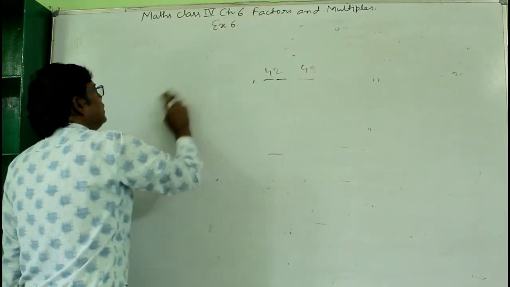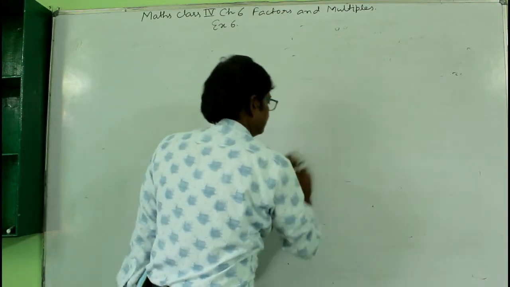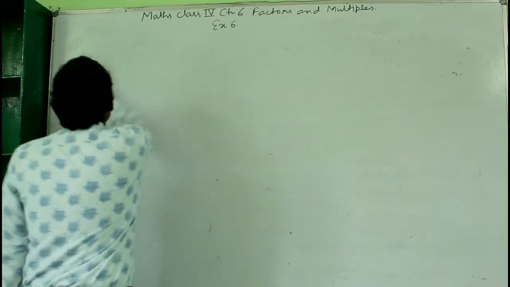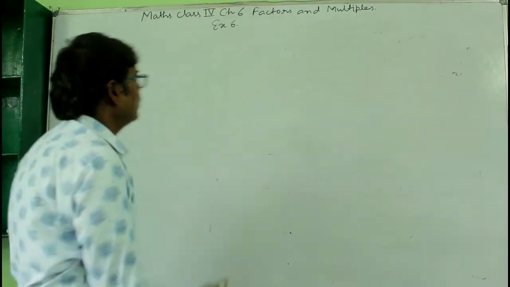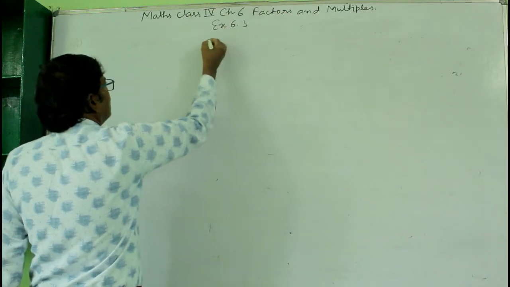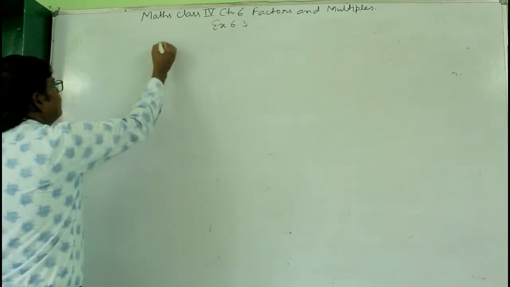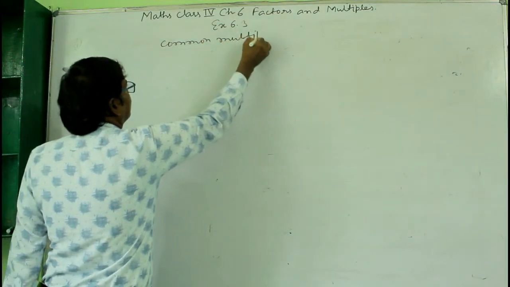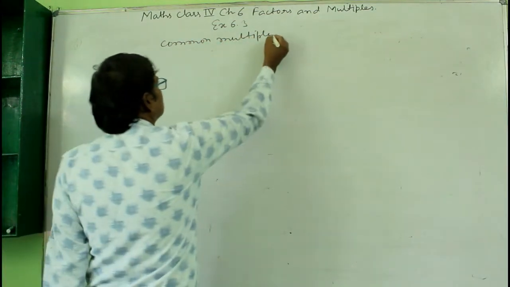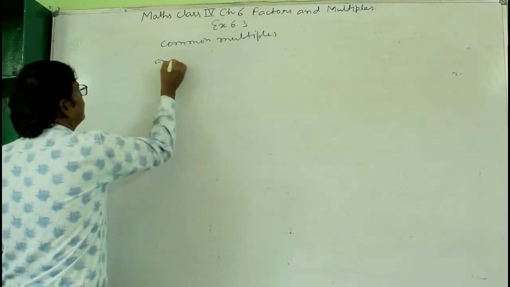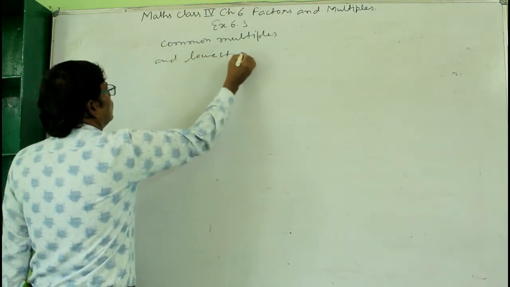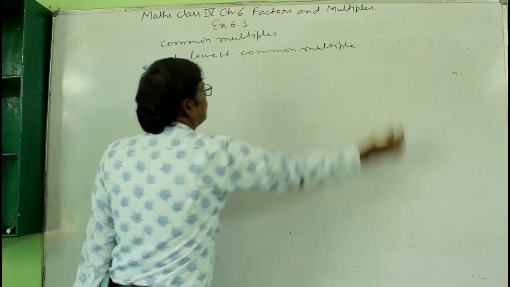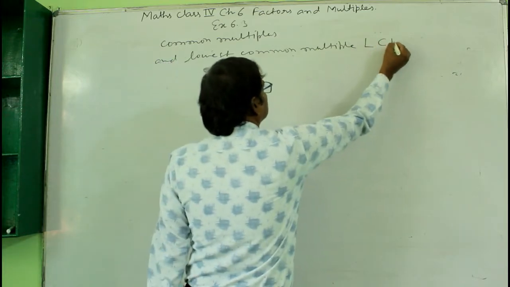And this is exercise 6.3. Exercise 6.3, and here we have the common multiples and lowest common multiple, that in short is called LCM.